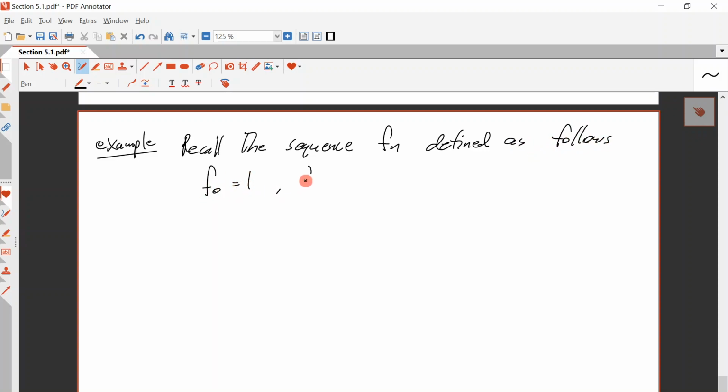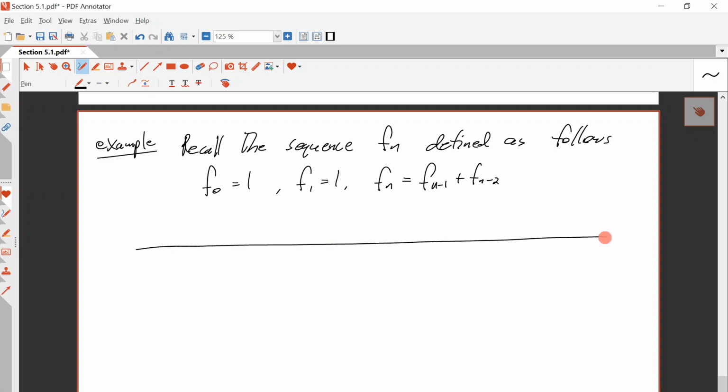F0 equal to 1, F1 equal to 1, and then Fn equal to Fn minus 1 plus Fn minus 2.